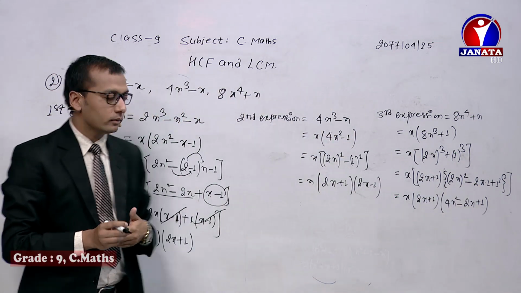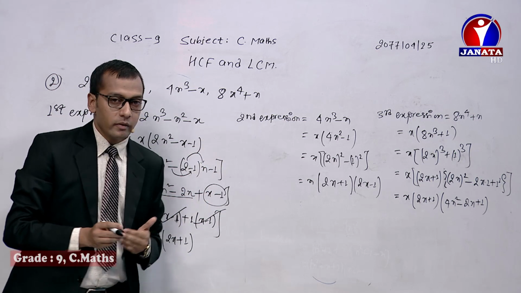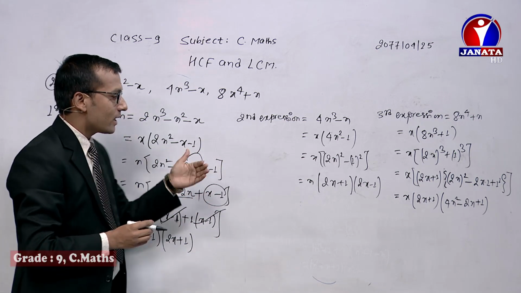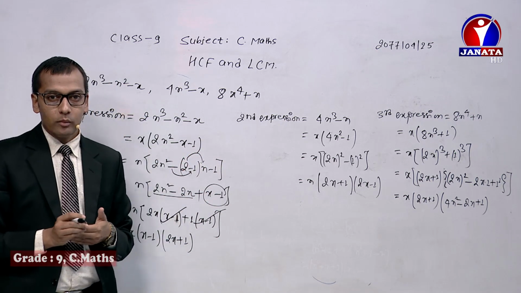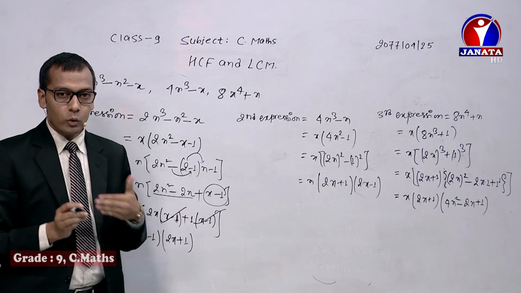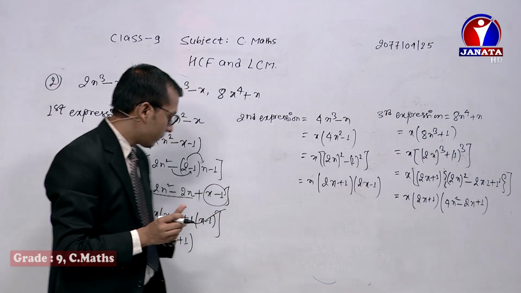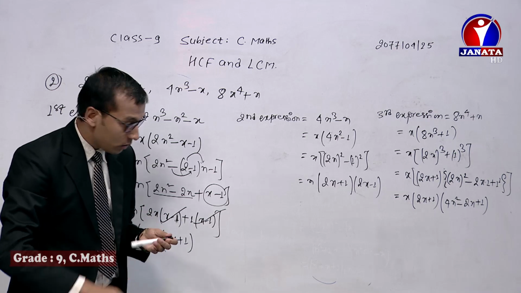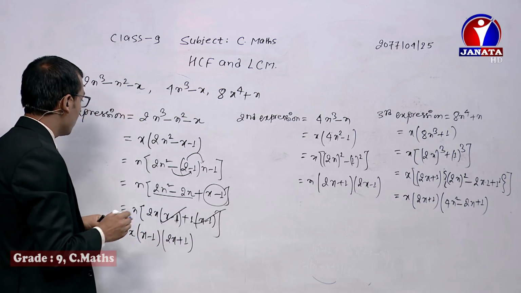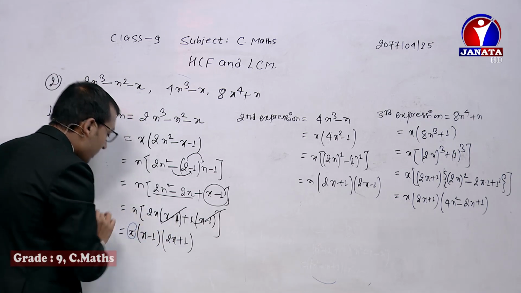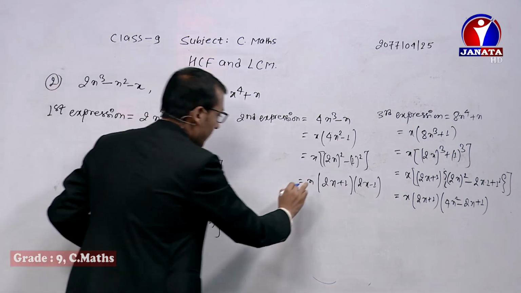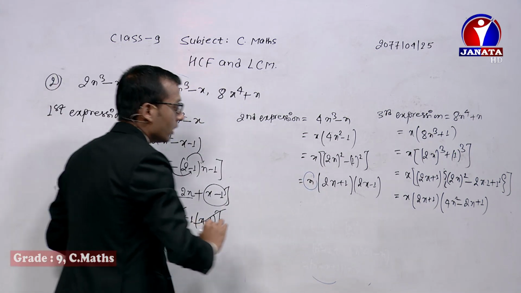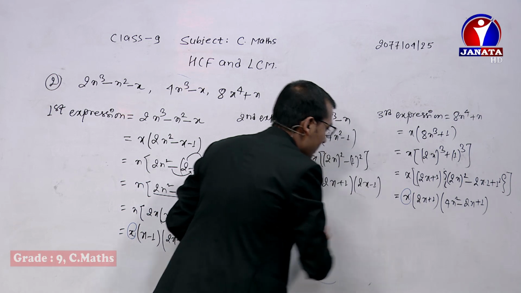Now we can see what are the common factors from all these three expressions. For HCF, we take common factors. Let's find out what are the common factors. In the first expression, there is x. In the second expression, we have x. In the third expression, there is x.